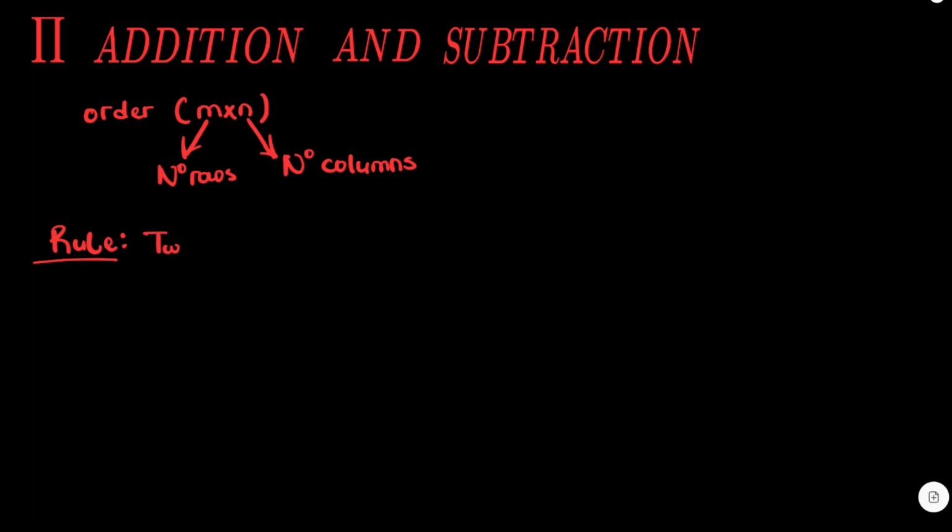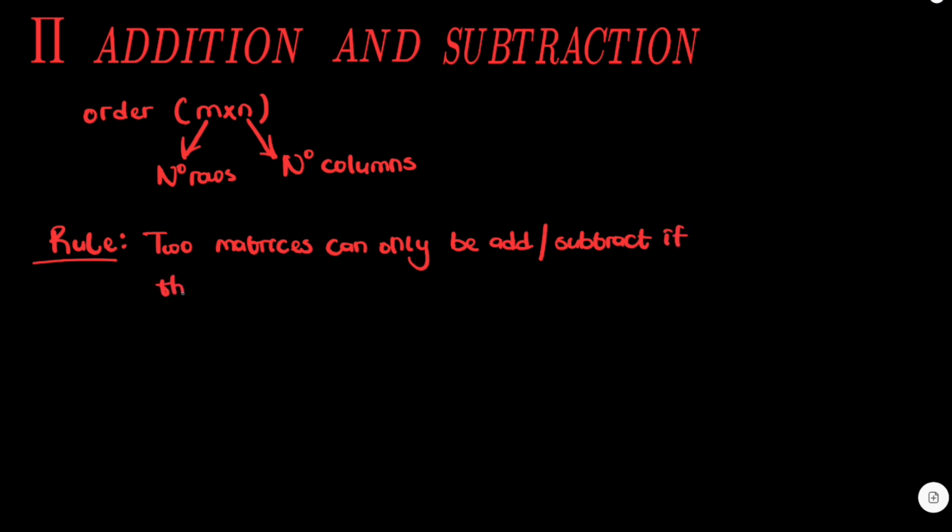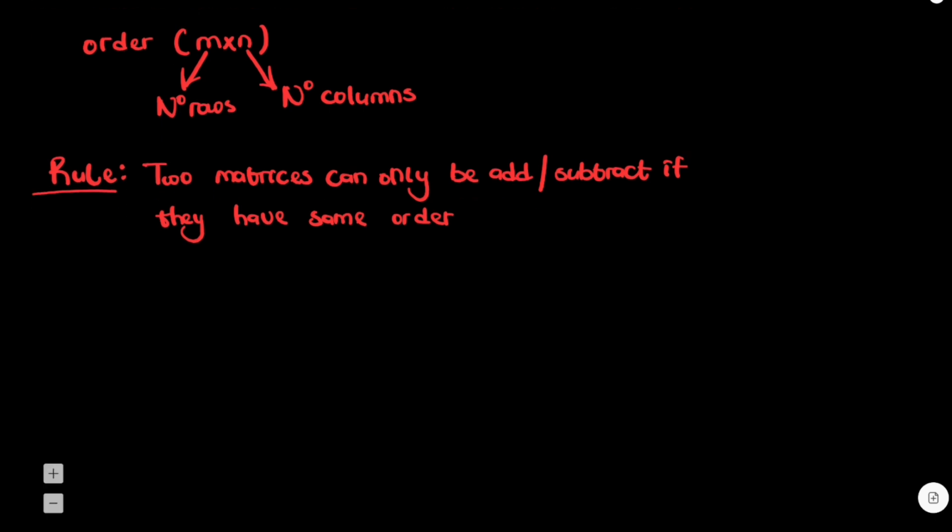So two matrices can only be added and subtracted if they have the same order.